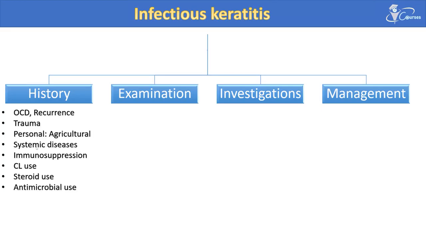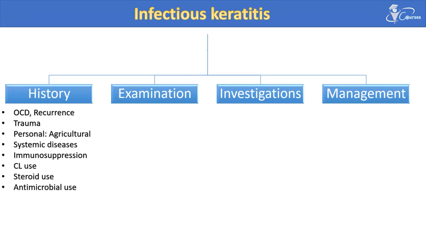Systemic diseases and immune suppressive states like HIV make the patient at risk of opportunistic infection. Contact lens use is also associated with a higher risk of infectious keratitis. Steroid use causes a state of immune suppression, and antimicrobial use should also be inquired about, to know whether the patient is receiving the wrong treatment or not.